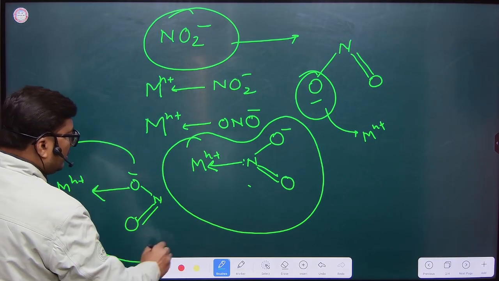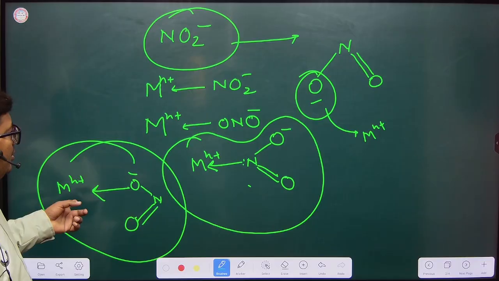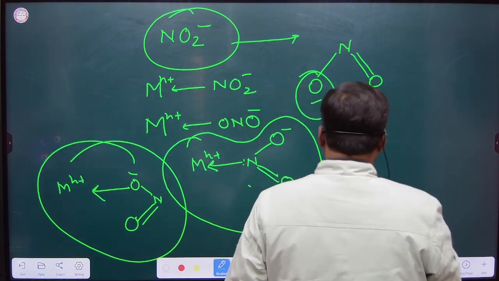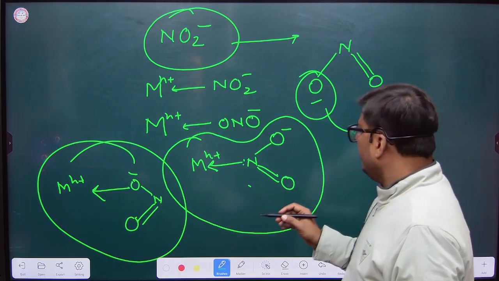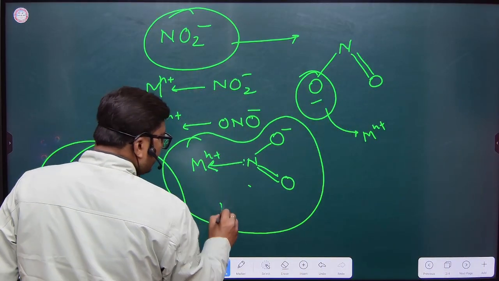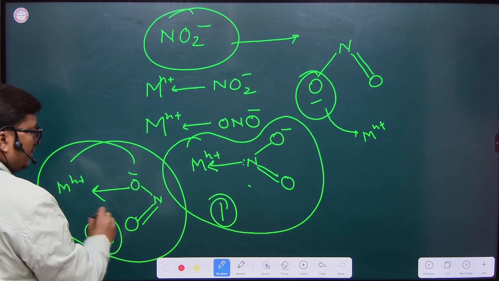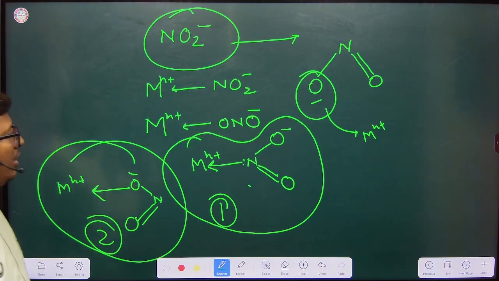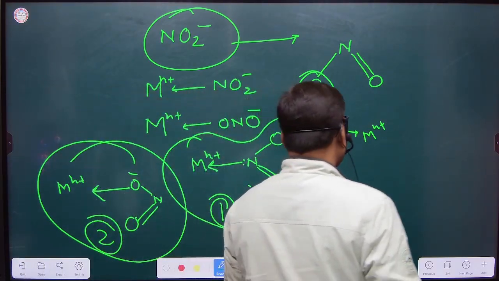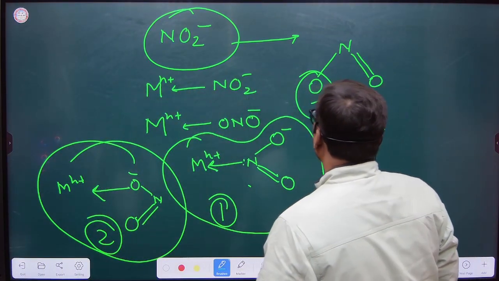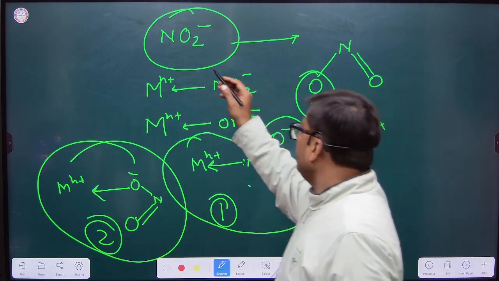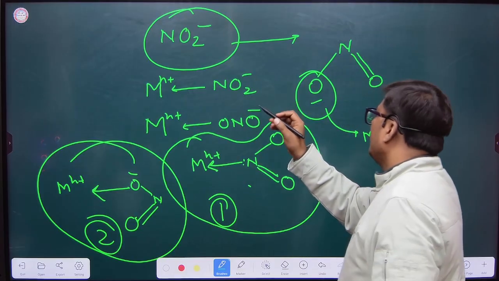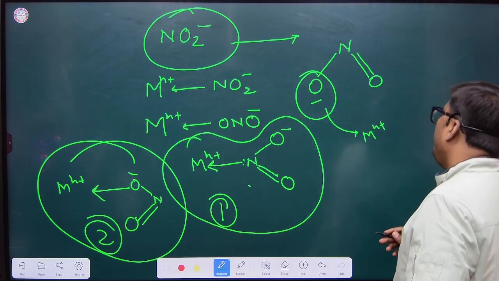The chemical composition of this compound and this compound is same, but the chemical and physical properties of both compounds will be different, right? This type of variation in the coordination structure actually decides the property. So NO2 minus has a choice, either it can bind with the nitrogen donor or the oxygen donor. This type of ligand is called an ambidentate ligand.